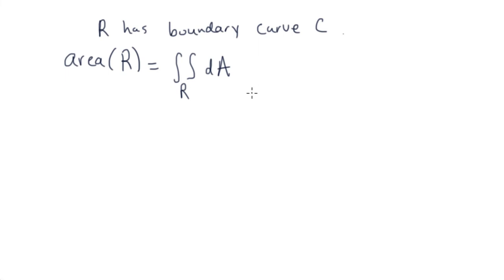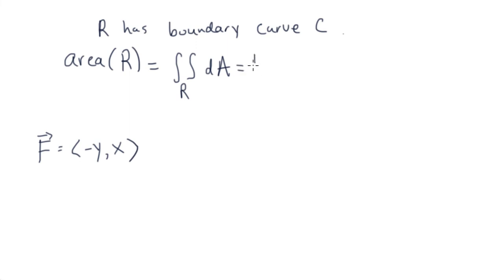But here's the trick. What I'm going to do is introduce a vector field that I'm going to say is negative y in the x direction and x in the y direction. And I'm going to do something kind of tricky.